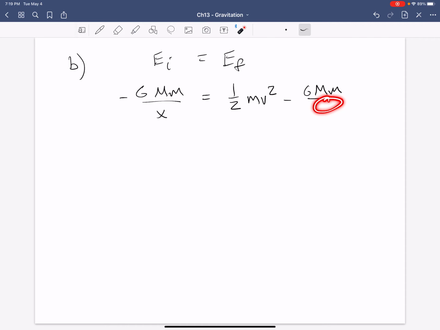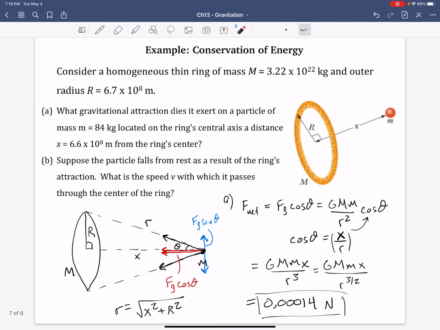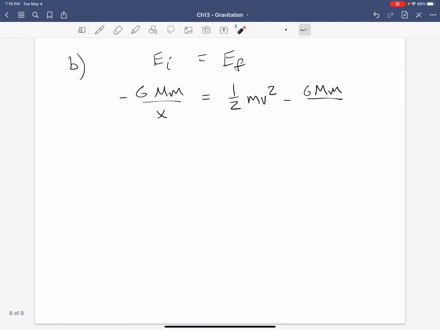The distance when it's at the center is the distance between the particle's center of mass and where the mass actually is, and that is r. So that's what we need to plug in for the final potential energy.